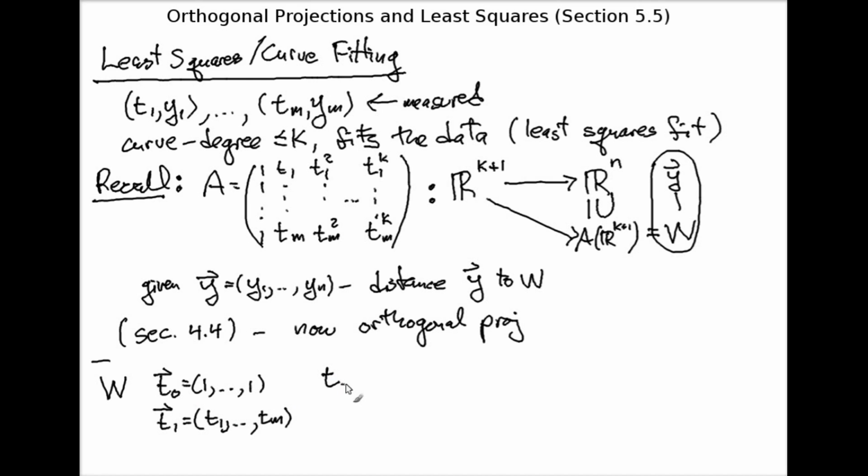And so on. T2 is the vector of the T1 squareds.